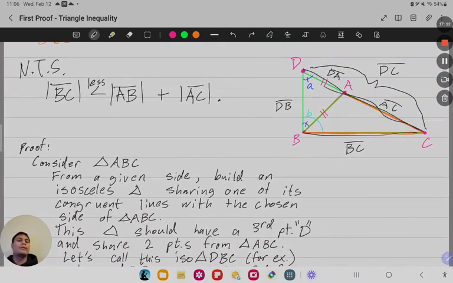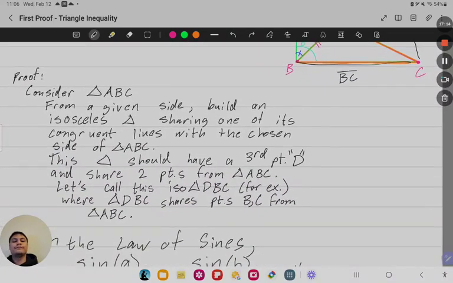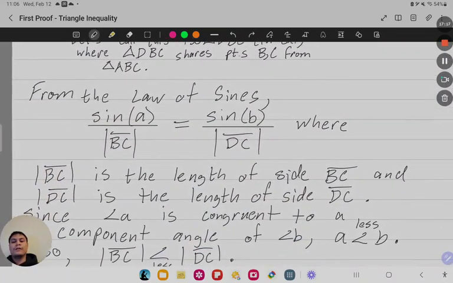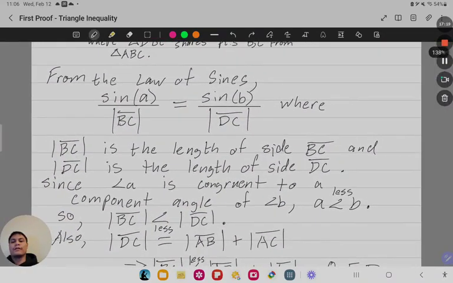That's DC. And to clarify, these bars here are the length of BC, and the bars of DC are the length of side DC.